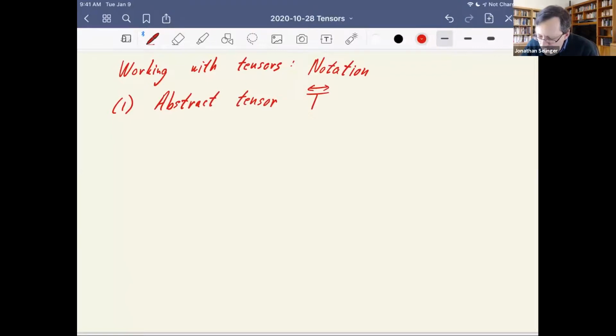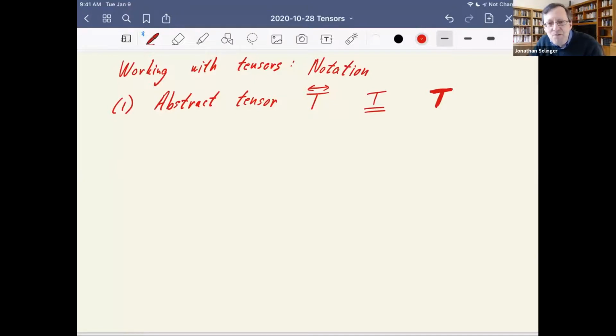Or the same people who put underlines on vectors might put 2 underlines under a tensor like that. In a printed book, it would also be written in boldface. So it would be like T, really thick letters like that. So it would look in a book the same as a vector, right?